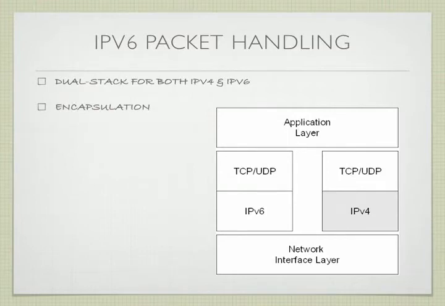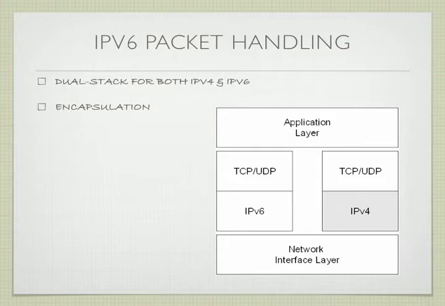Now, you can use a couple of different methods to transit a zone. Say we have IPv6 traffic at location A. We have only IPv4 transit in intermediate areas, and then over at B we have IPv6 capable again.